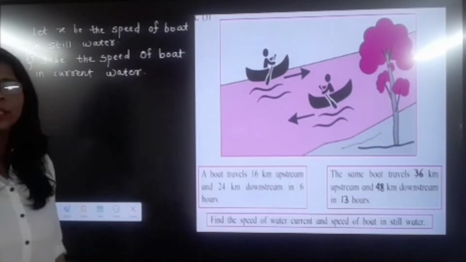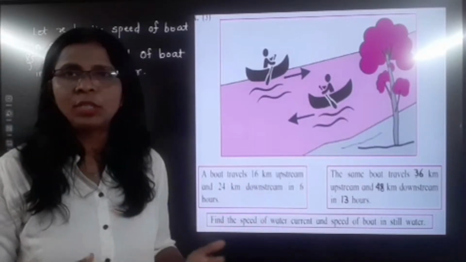Okay, because there are two types of water, that is still water and the current water.